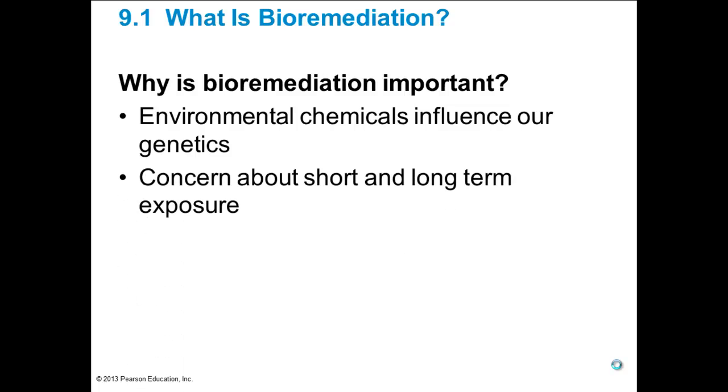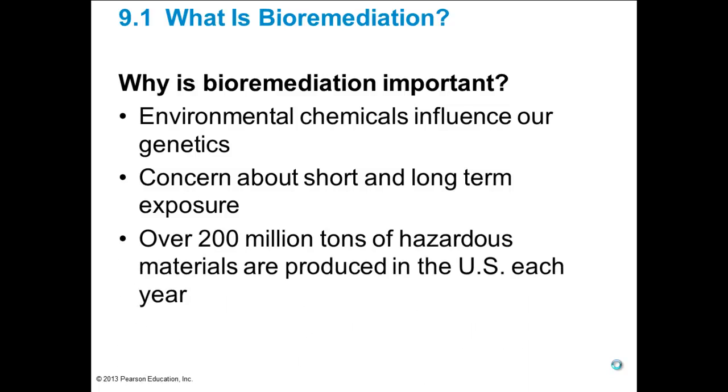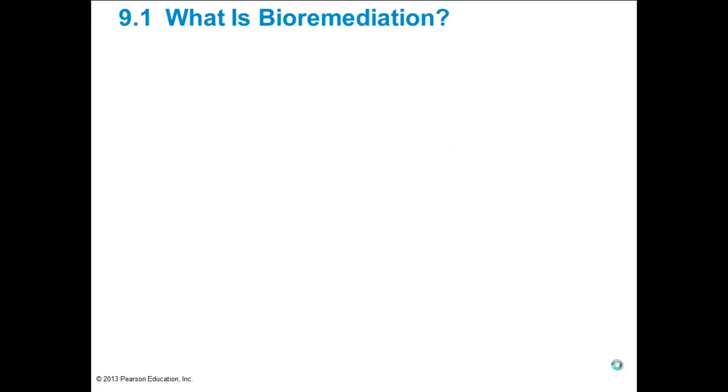There is concern about short-term exposure, obviously, but also long-term exposure can cause certain forms of cancer as well as birth defects. And we produce a lot of hazardous waste in the United States. Over 200 million tons of hazardous material is produced in the U.S.